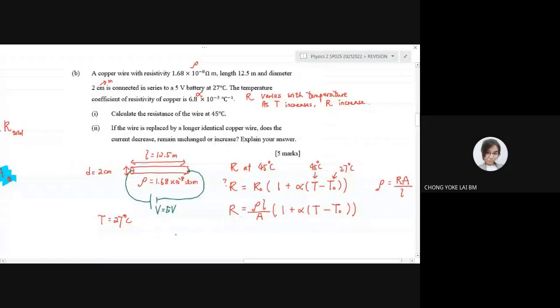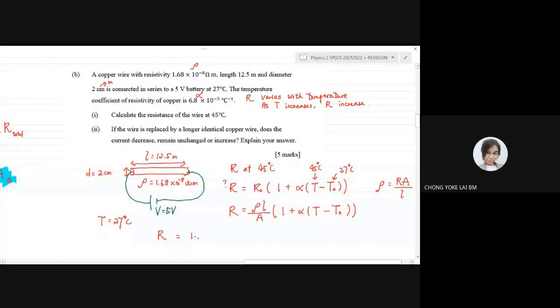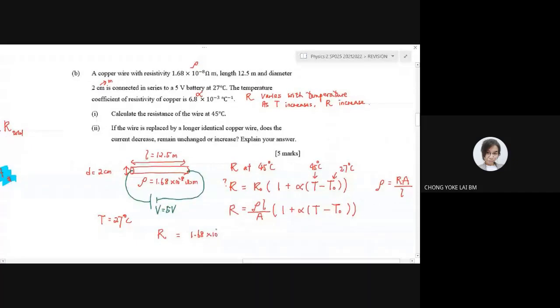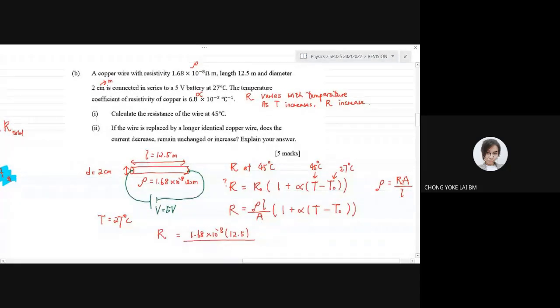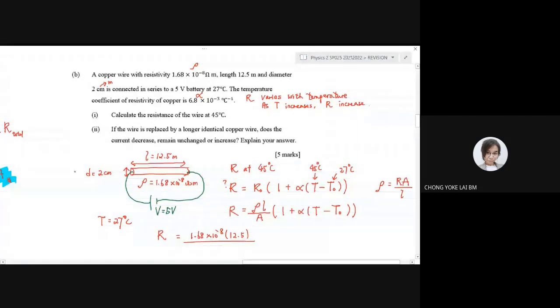Then kita mula gantikan semua nilai lah. So the resistivity 1.68 to the power of negative 8. The length of the wire 12.5 over, the area is not given, but we understood when we are given the diameter means the surface is round, so kita boleh cari area whereby the area is pi r squared.